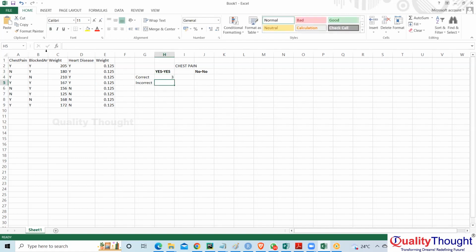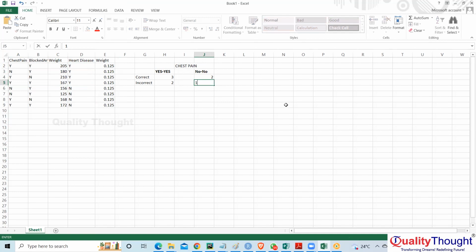That means 1: chest pain, yes, but heart disease, no. Now no, no. Here we have 2 no, no, so 2 correct. And incorrect means 1: no chest pain, but still you have heart disease. So 1. This is called a stump.